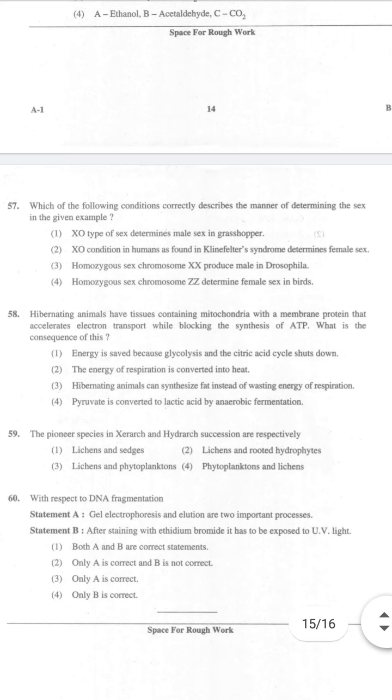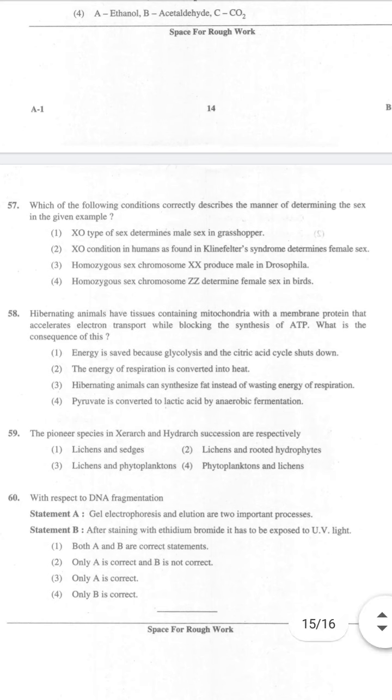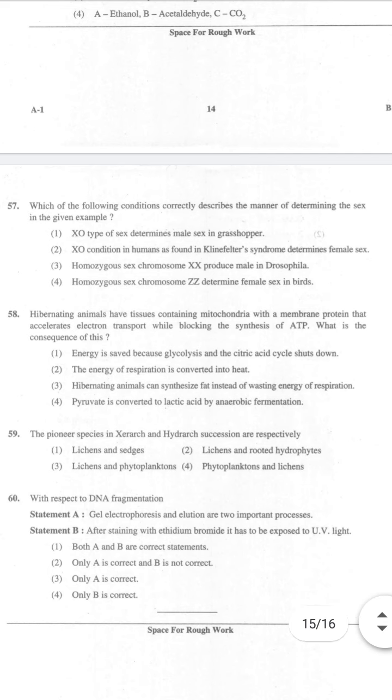Hibernating animals have tissues containing mitochondria with a membrane protein that accelerates electron transport while blocking the synthesis of ATP. What is the consequence of this? Let's see the options. Option 1, energy is saved because glycolysis and the citric acid cycle shut down.